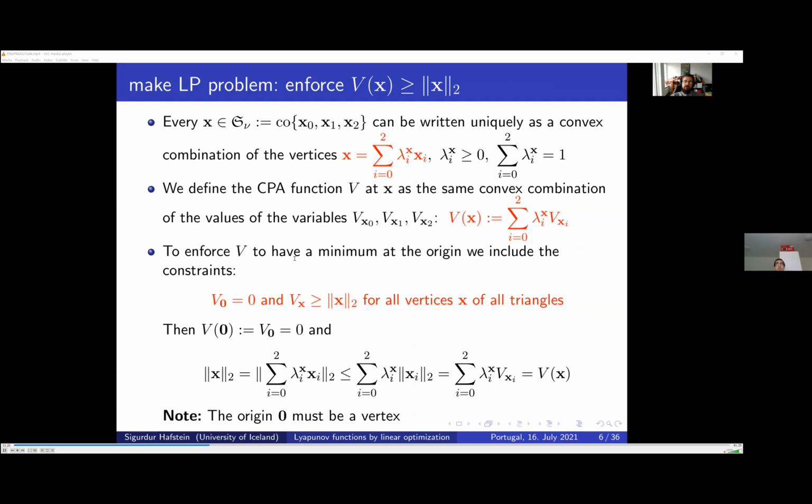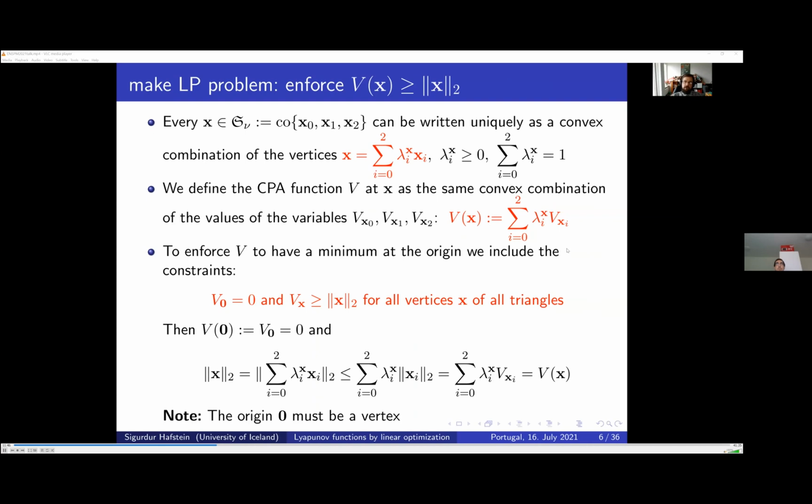And what we want to do is define our function v at x as the same convex combination of the values of the variables at x0, x1, and x2. So v at x will be the same convex combination as above, but now of the values v(x_i).